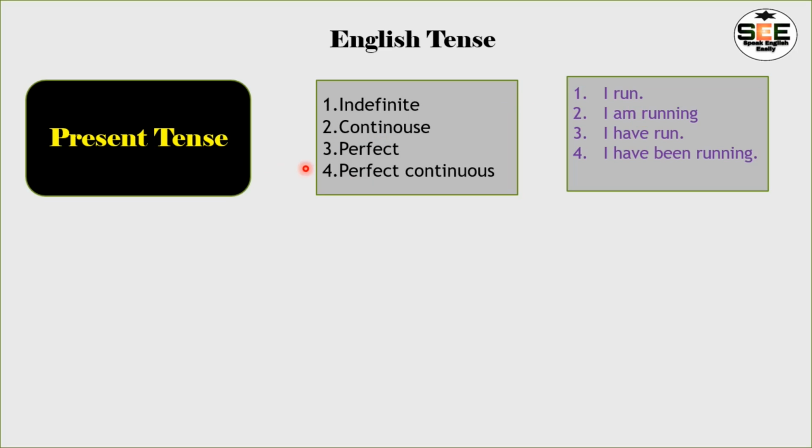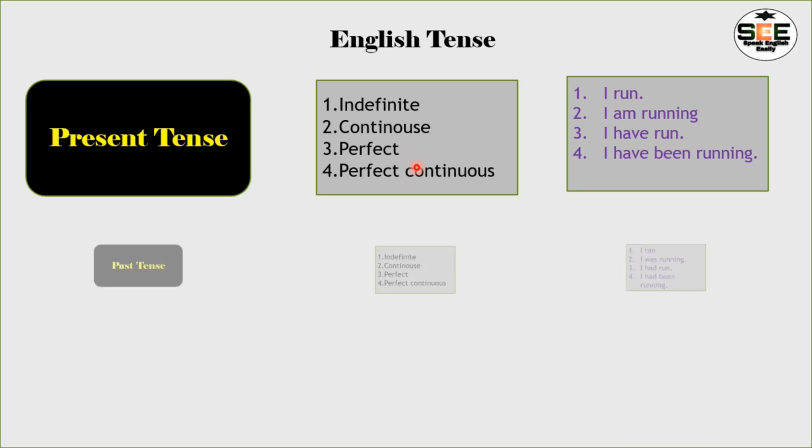Present perfect: I have run. Present perfect continuous: I have been running. From this we can easily understand that these steps are very important for us, because these four subtenses indicate the actual time of our work or action.